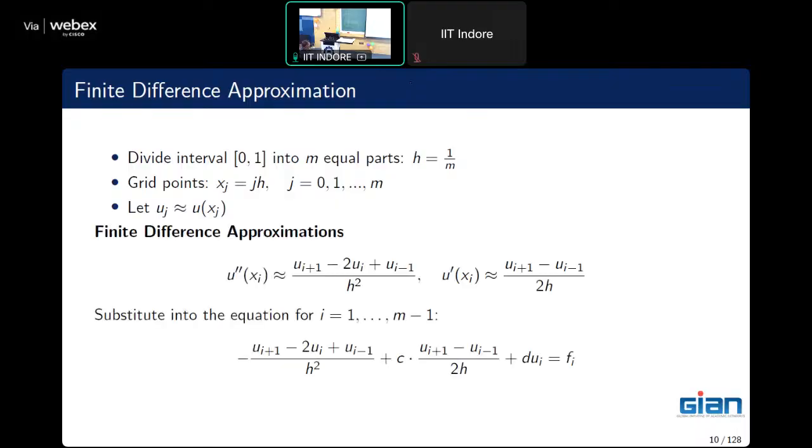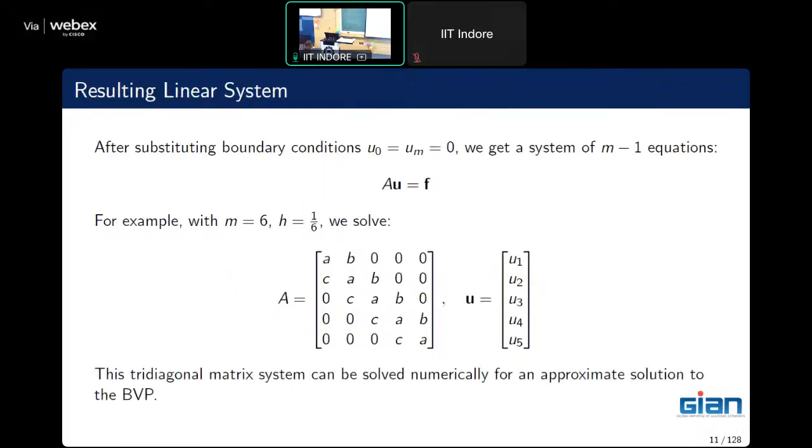Then you use the difference approximation with this numerical scheme and finally get an equation of this form, where when m equals 0 we have Au equals f, and when m equals 6 and the step length is 1 by 6, you get a matrix equation of this form.